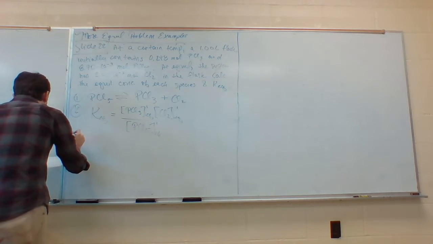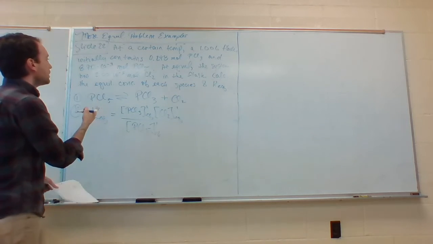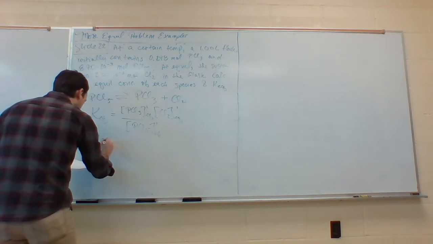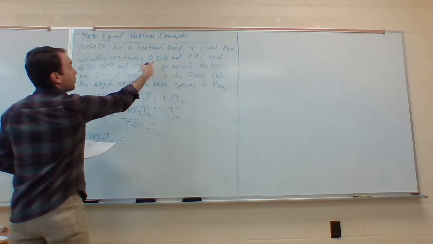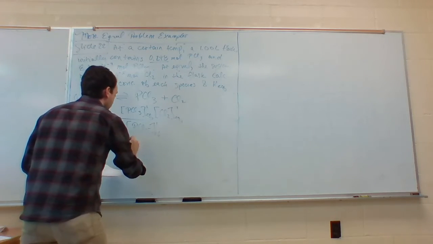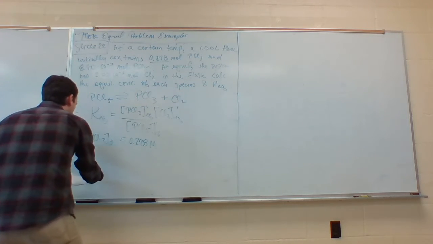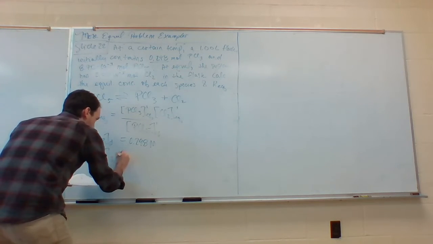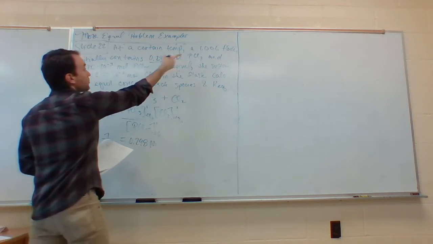Okay? Now, in step 3, we need our initial concentrations, right? Our initial concentrations are, we have a concentration of PCl3 initially, which is equal to, we take the 0.298 over our 1 liter, which is going to give us 0.298 molar. We also have our initial concentration of PCl5, which was equal to 8.7 times 10 to the negative third moles for every 1 liter.